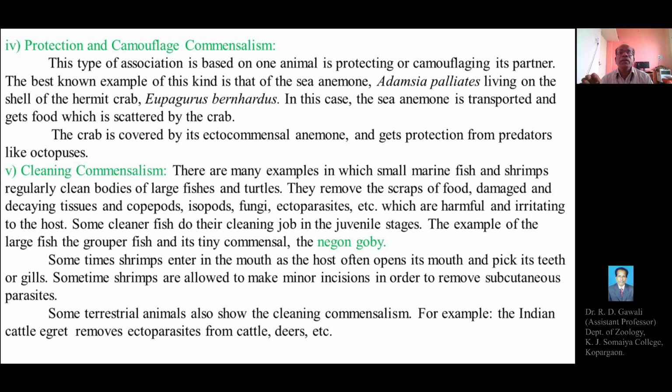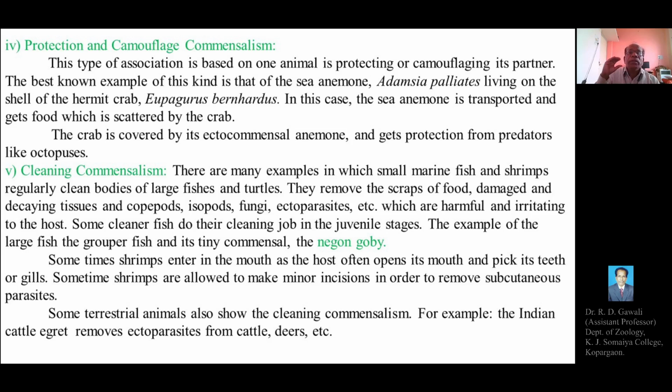In this type of association, one animal, the hermit crab, protects or camouflages its partner. The hermit crab provides support to the sea anemone. The best example of this camouflage or protection commensalism is between the sea anemone Adamsia palliata living on the shell of the hermit crab, which is the host, Eupagurus bernhardus.